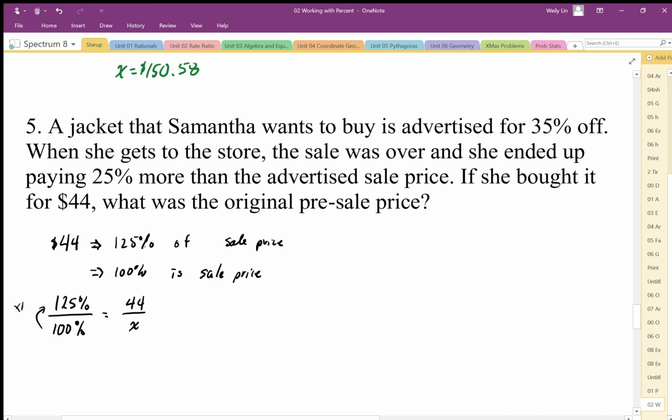Our multiplier is going to be our decimal percentage. I want to go in the opposite direction, so I'm going to divide by 1.25. So 44 divided by 1.25 equals $35.20. That's my sale price.